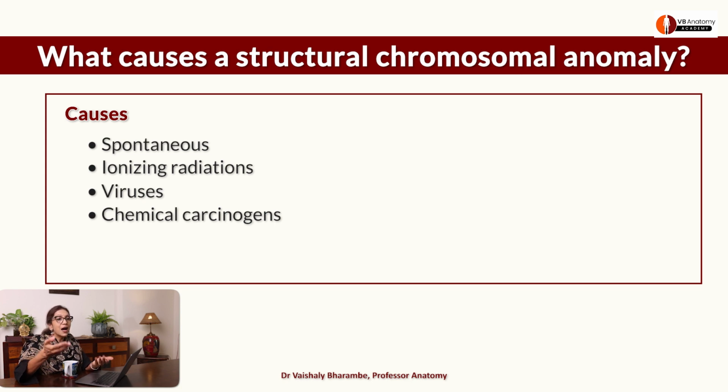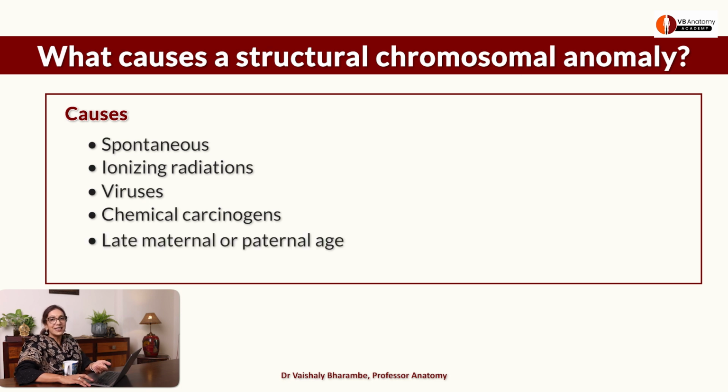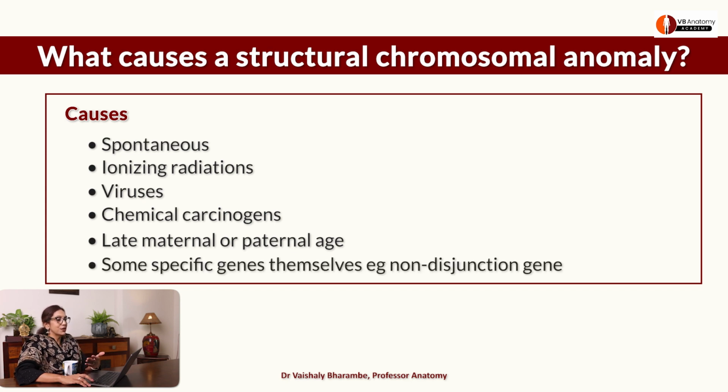What are we saying? These are carcinogens. They will affect the general public by creating chromosomal abnormalities. Or late maternal and paternal age. That's why so often there are abnormal babies born to parents who have pregnancies late in life. And finally, some genes themselves cause these abnormalities, such as the non-disjunction gene.